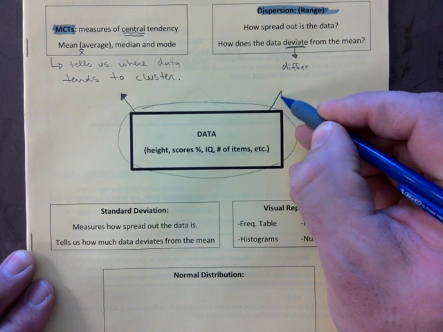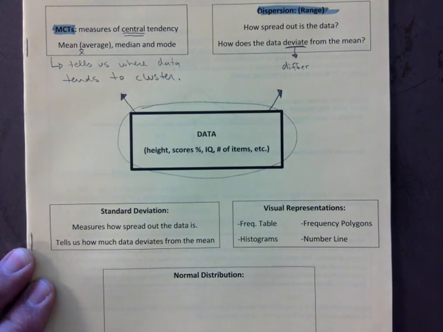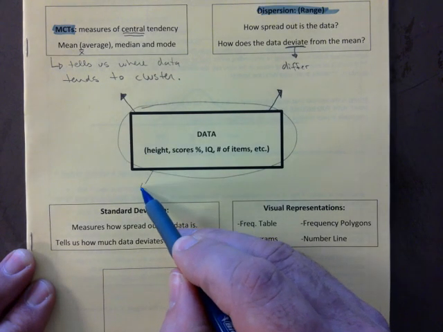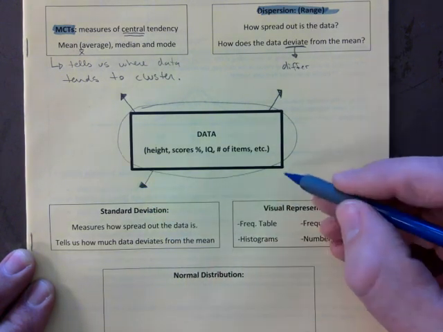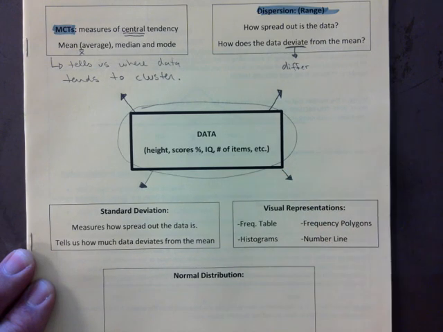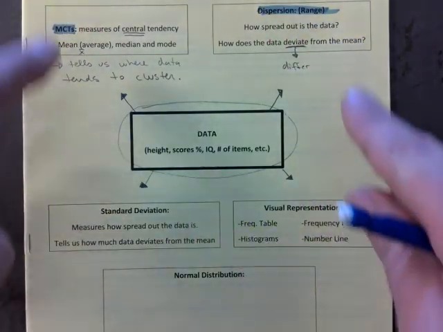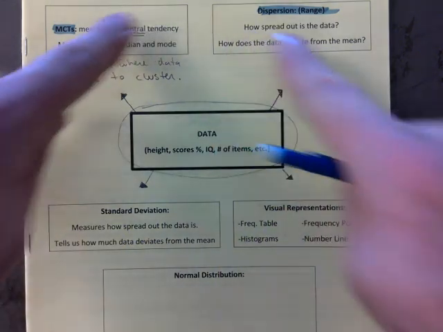You need data to come up with your range. You need data to figure out the standard deviation. You need data to come up with visual representations, which we will actually graph. So everything surrounds data. We need data first and foremost to be able to do everything around it. Okay.